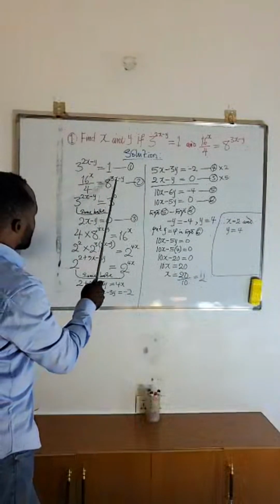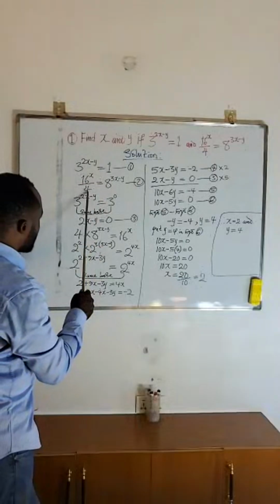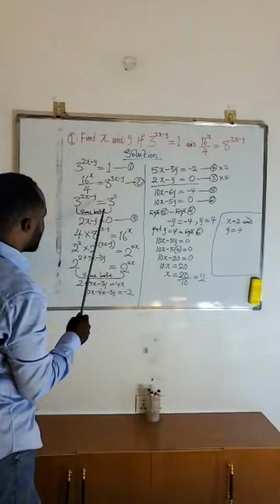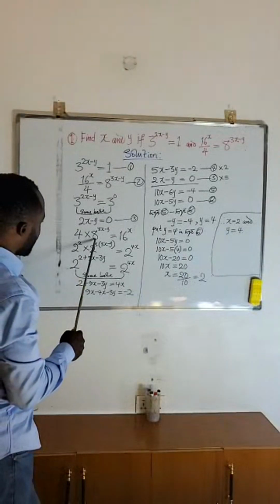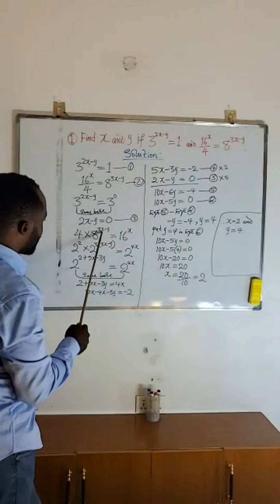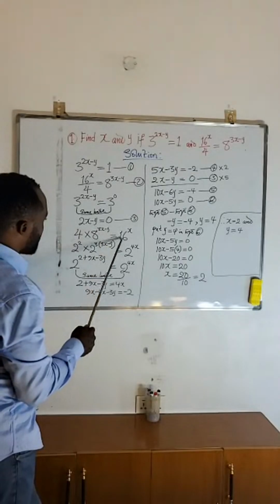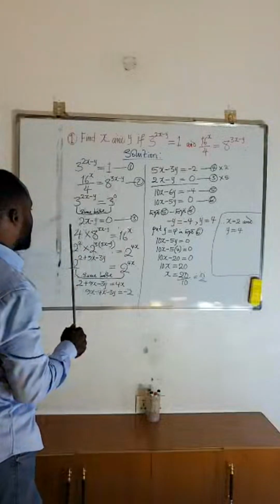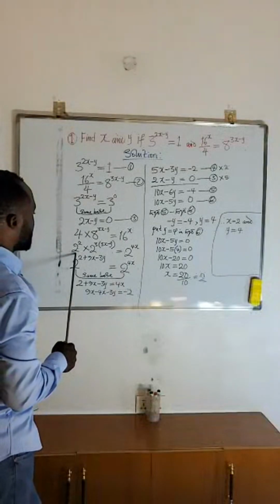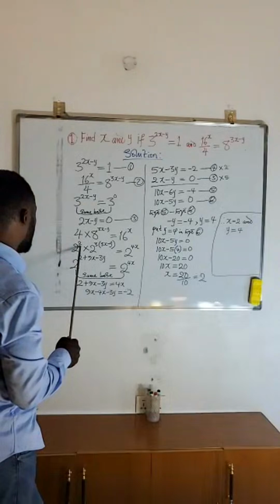Then, for us to resolve equation 2, we cross multiply first of all. Cross multiply this and this. Then you have 4 times 8 raised to the power of 3x minus y to be equals to 16 raised to the power of x. 4 here is the same thing as 2 raised to the power of 2.